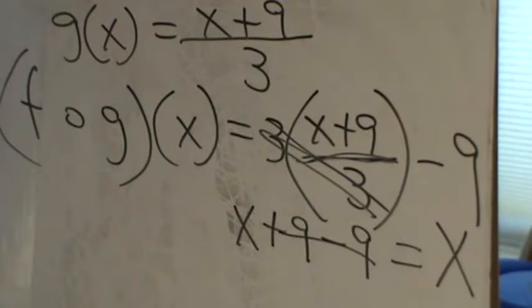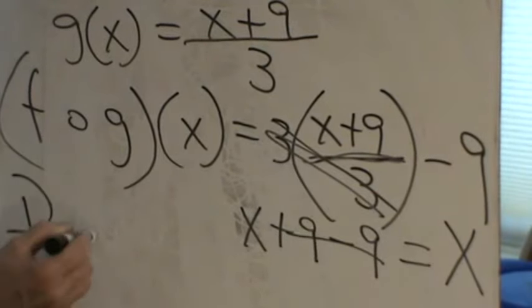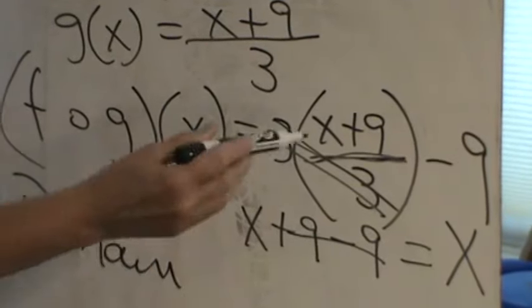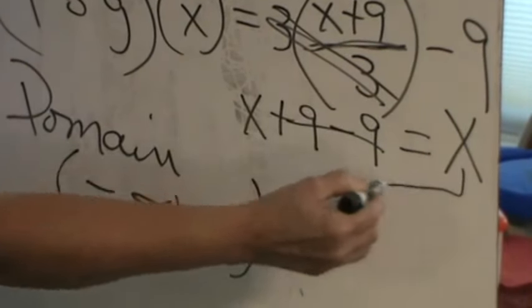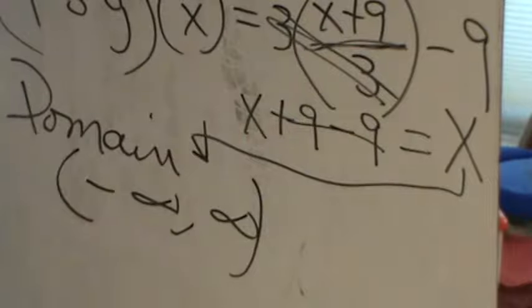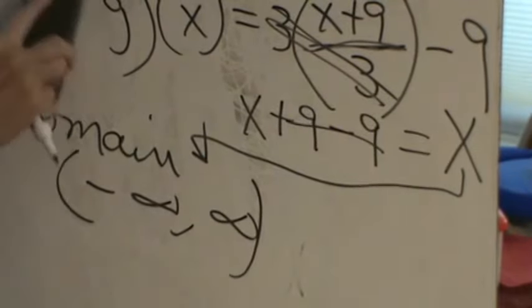Let's just go ahead and answer the domain, because we know they're going to ask that later on. The domain of this is negative infinity to infinity, because x has no troubles, no fractions, no square roots. And you know the routine by now.